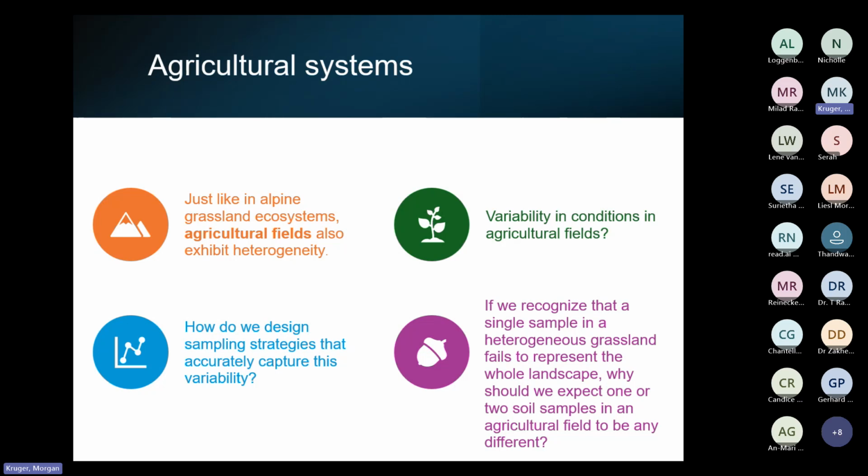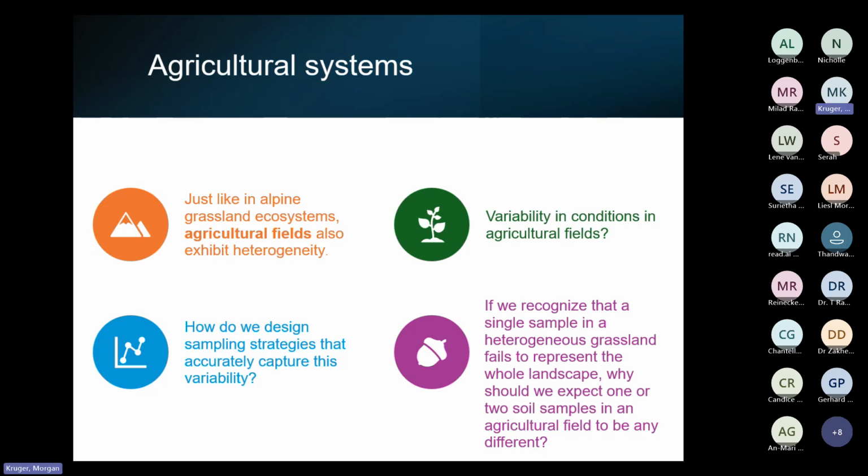The fundamental challenge applies, and this is: how do we design sampling strategies that accurately capture this variability? So if we recognize that a single sample in a heterogeneous grassland fails to represent the whole landscape, why should we expect 1 or 2 soil samples in a farmer's field to be any different?